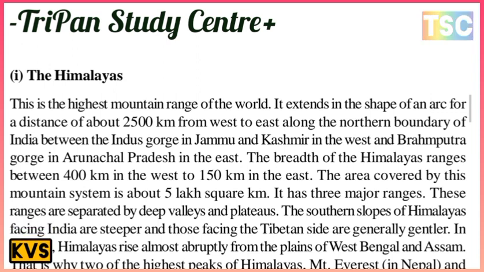It is turned into the shape of an arc for a distance of about 2500 kilometers from west to east along the northern boundary of India, between the Indus gorge in Jammu and Kashmir in the west and the Brahmaputra gorge in Arunachal Pradesh in the east.